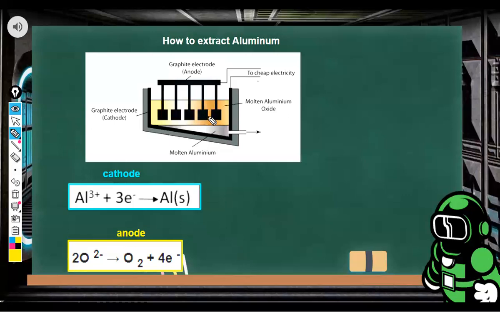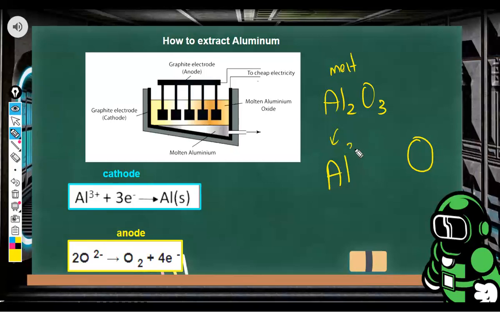Great. So what's going to happen at the end of the day? These are the two reactions you have to remember. The aluminum, remember, it's molten aluminum oxide. So when you take Al2O3 and you melt it, the aluminum will get separated from the oxygen.